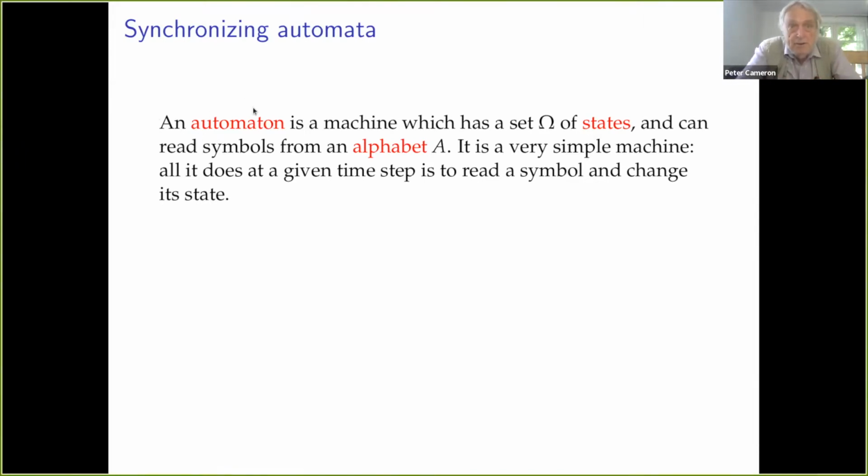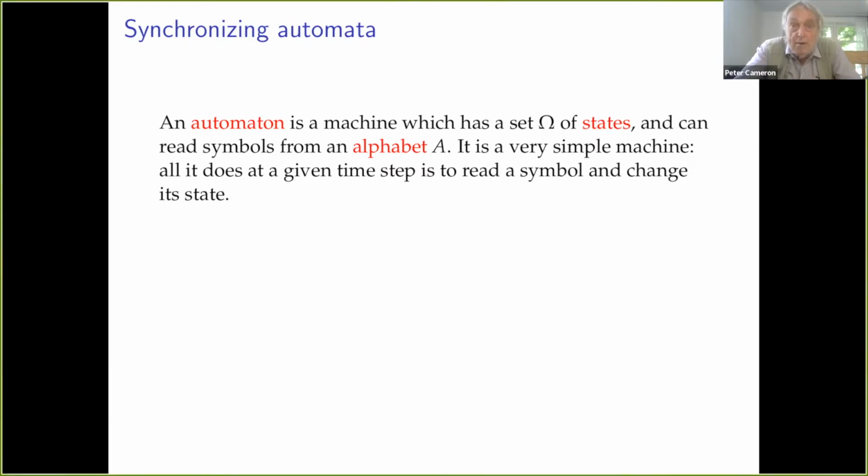So what's an automaton? Well, there are various versions of what an automaton is, but for me, it's a very simple machine. It has a set of internal states, which I'll call omega, and it reads symbols from an alphabet A. And when it reads a symbol in a given time step, it simply changes its state according to some rule.